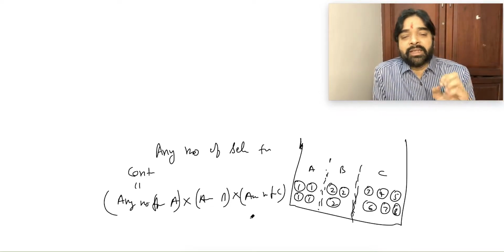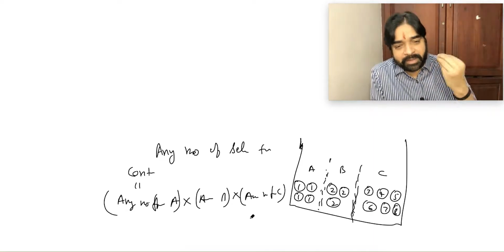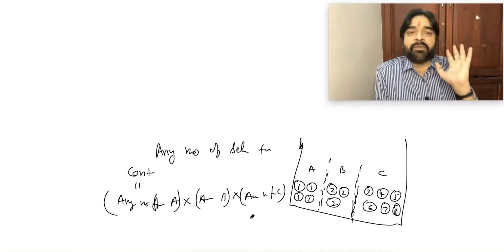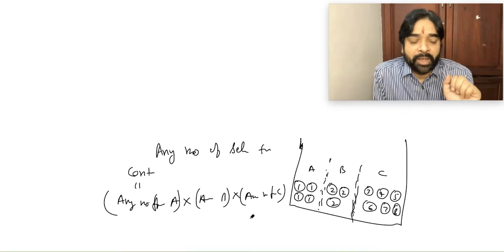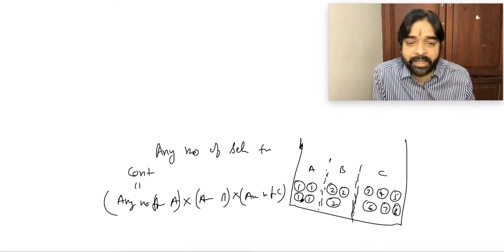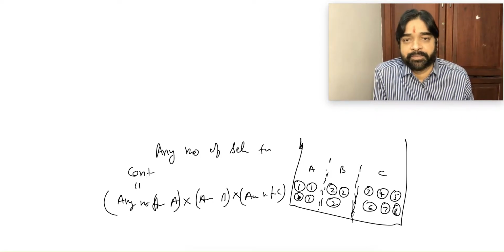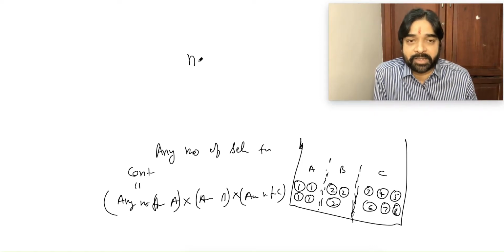So what will you say? Select any number from A, select any number from B, select any number from C. Yes or no? In how many ways can you select any number of objects from these 4 identical objects? In how many ways can you select any number of objects out of n identical objects? n plus 1.